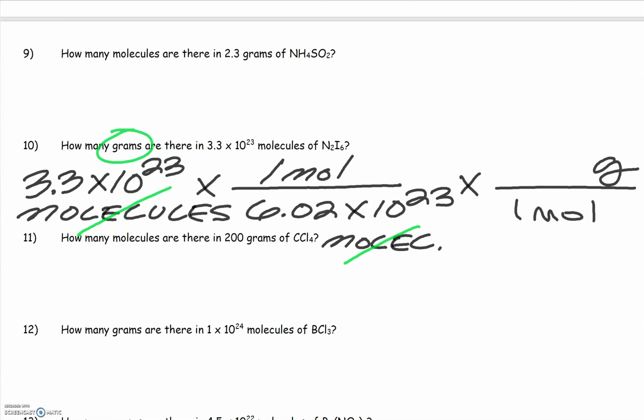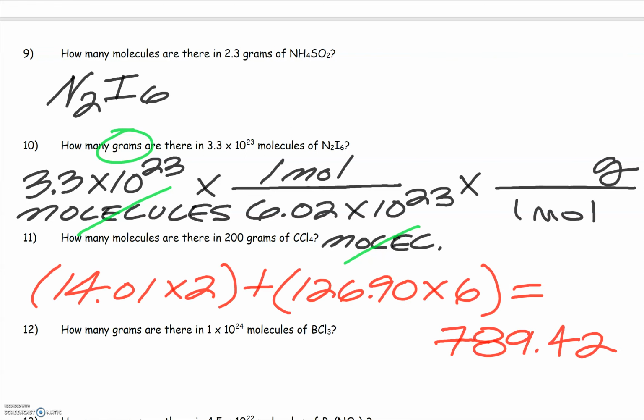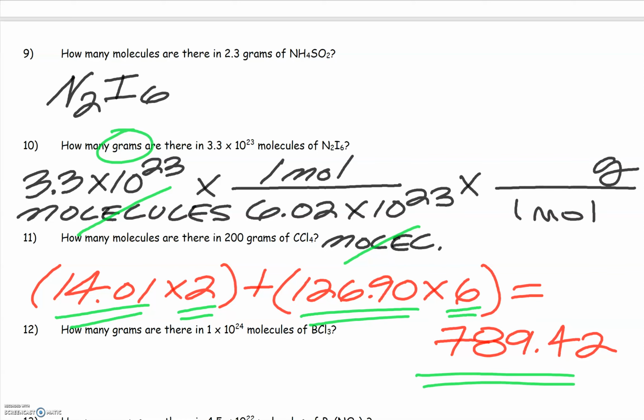Well, we're going to go to the periodic table and we're going to look up molar mass of N2I6. Okay, to speed things up, I kind of jumped ahead and added then the molar mass. So here is what nitrogen weighs, and there's 2 of them. And then 126.90 is what iodine weighs, and there's 6 of them. I do the math, and I get 789.42. So that's going to go right here.